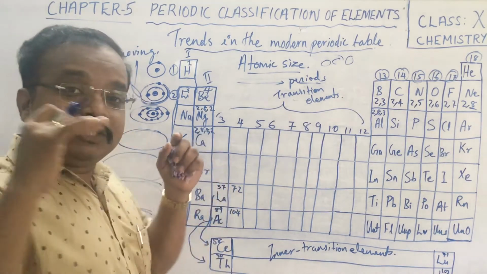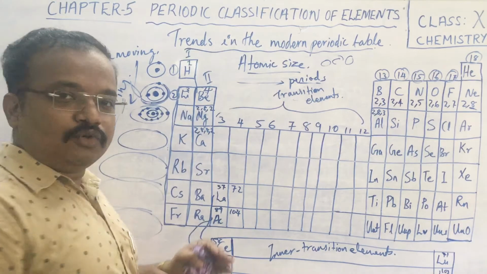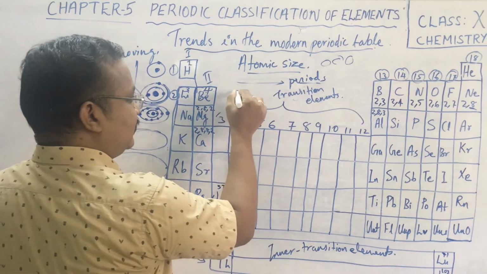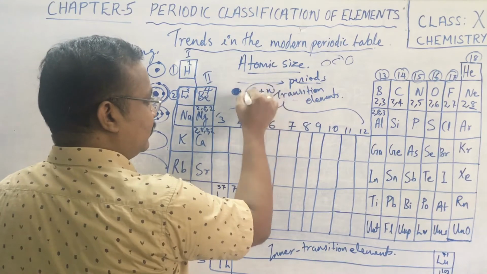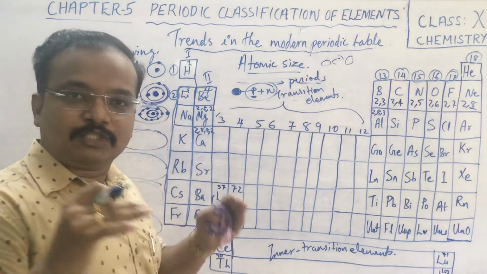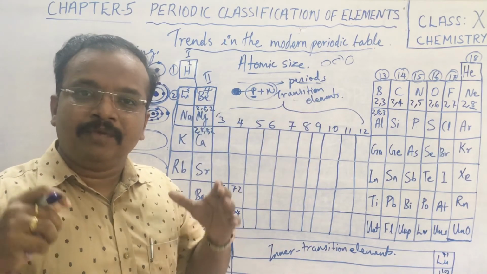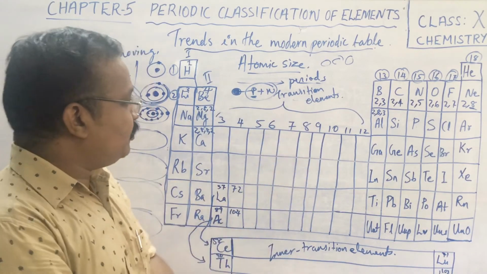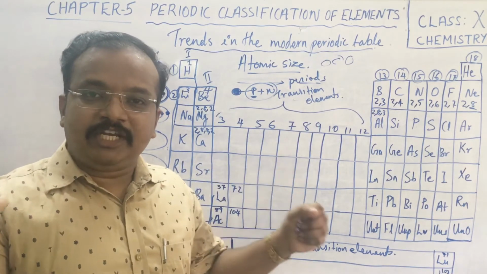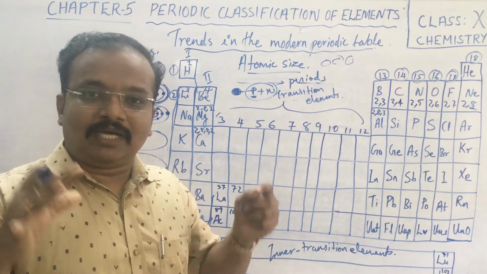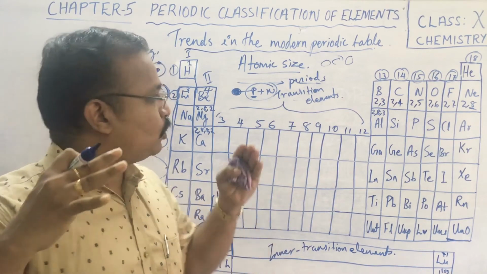You must also remember that in the nucleus, the middle portion, there are protons and neutrons, in which the number of protons also keeps on increasing. When electrons are increasing, at the same time protons are also increasing. So what you have to remember is the effective nuclear charge. That keeps on increasing, that is, the positive charge is also increasing.